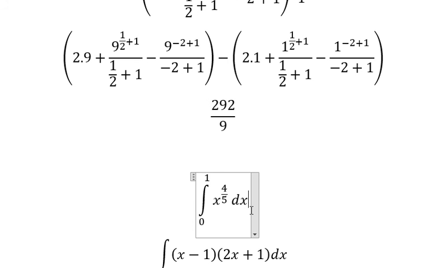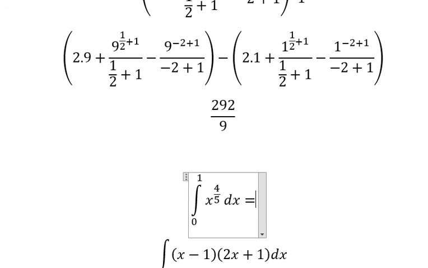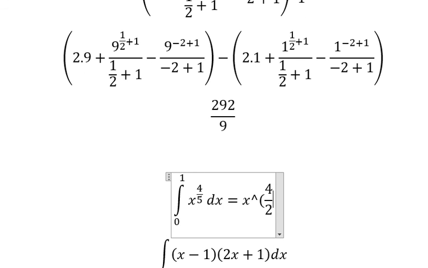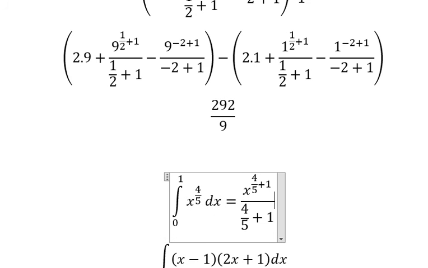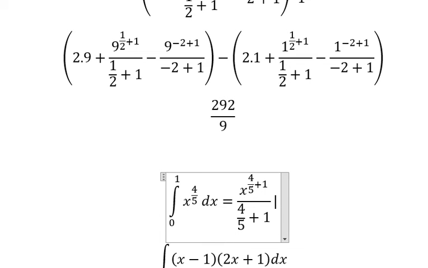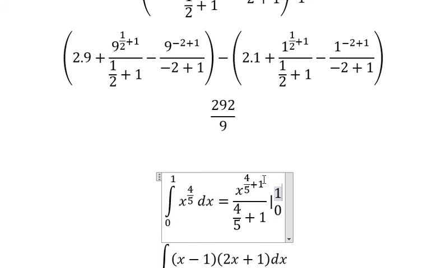Question number 2, we apply the same formula for this one in here. So we put the bounds from 0 to number 1. And this one we have 9 over 5.